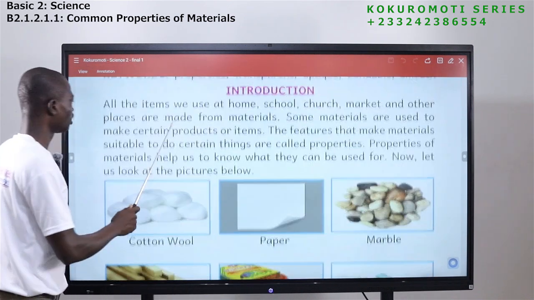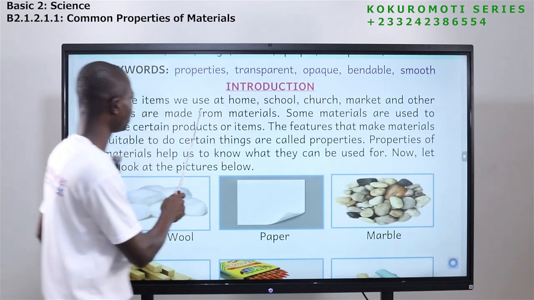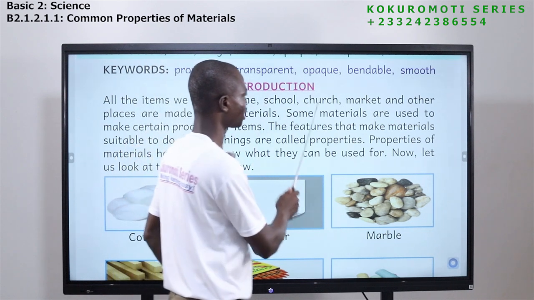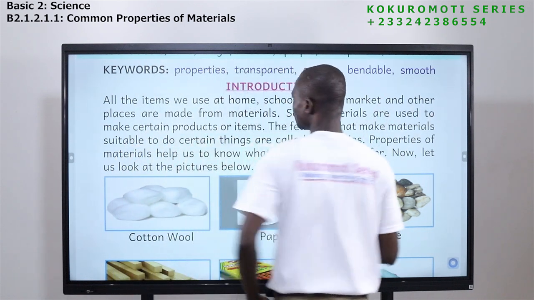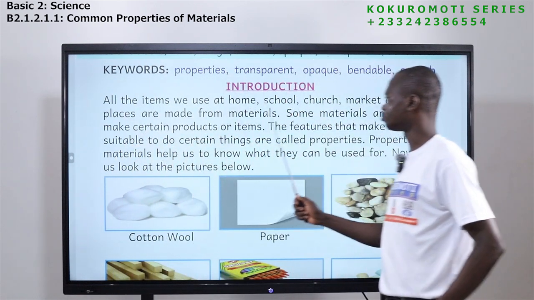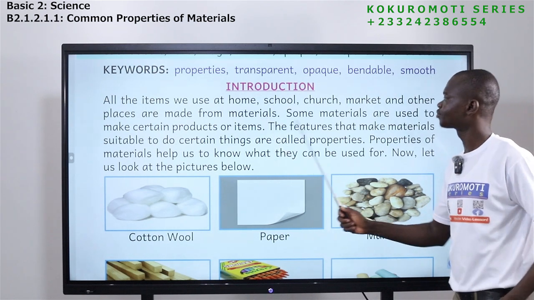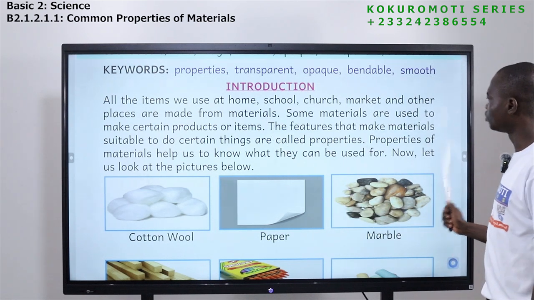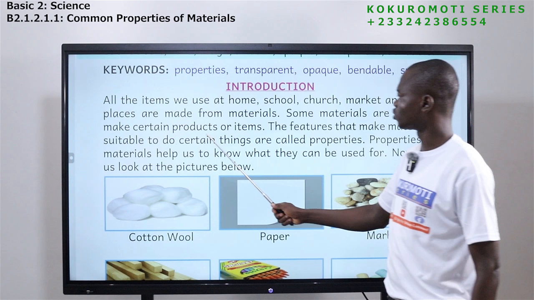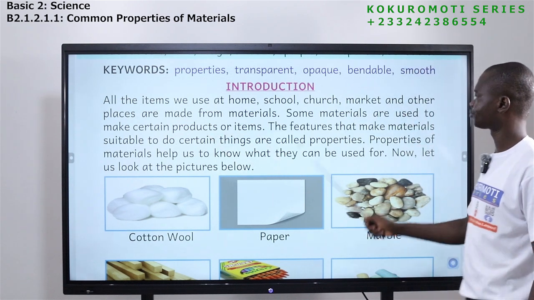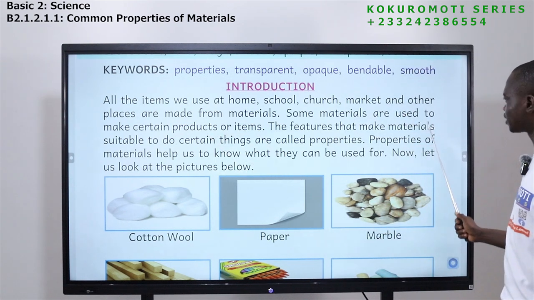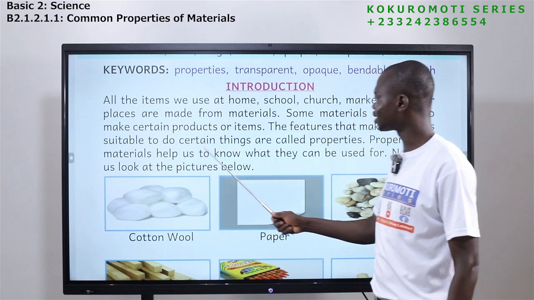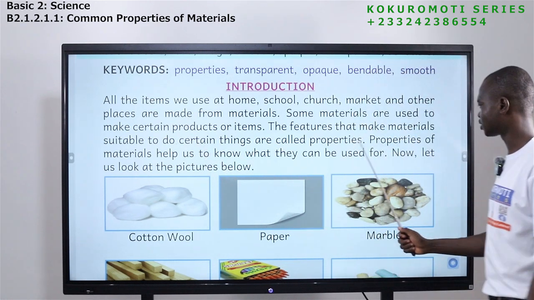Let's continue. All the items we use at home, schools, church, markets, and other places are made from materials. Some materials are used to make certain products or items. The features that make materials suitable to do certain things are called properties.